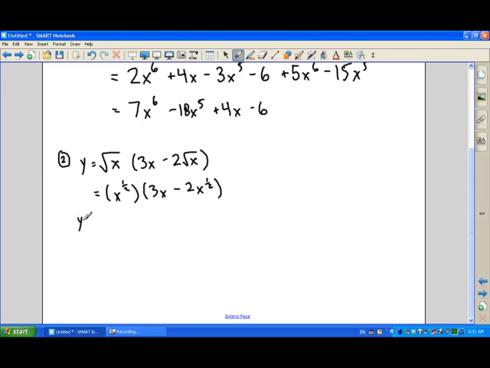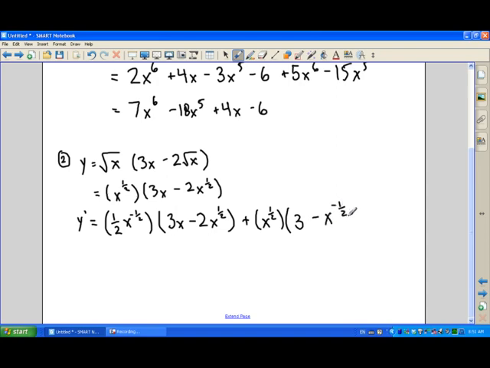So finding the derivative, y primed, I find the derivative of the first term, 1/2 x to the negative 1/2, times the second term. And to that I'm going to add the first term, multiplied by the derivative of the second term, which is 3 minus x to the negative 1/2.